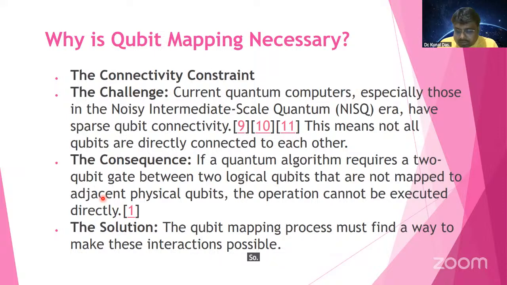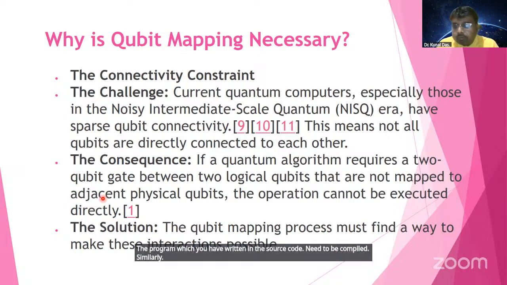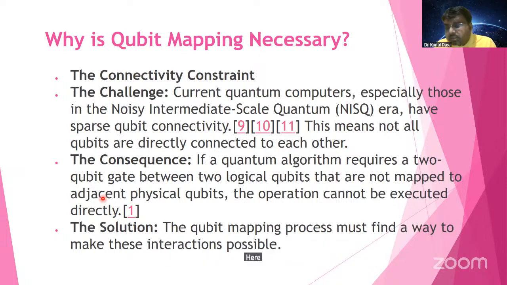So in this way, two things are very important. As you know, the program which you have written in source code needs to be compiled. Similarly, here the transpiler is important, because this transpiler will create a translated circuit.